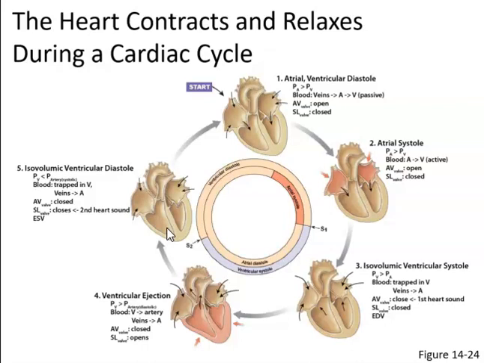Okay, so isovolumic ventricular diastole, the AV valves are closed and the semilunar valves are also closed. And blood is just basically trapped in the ventricles until the pressure in the atria increases to the point where it will, again, open the AV valves to start the cardiac cycle again.